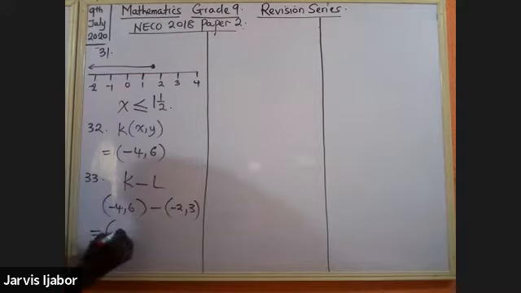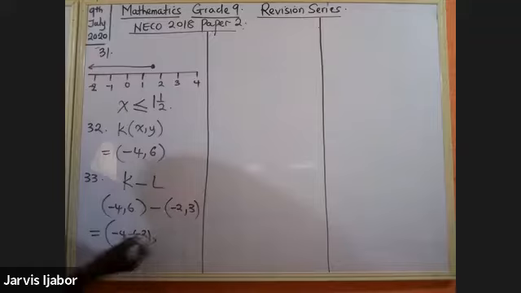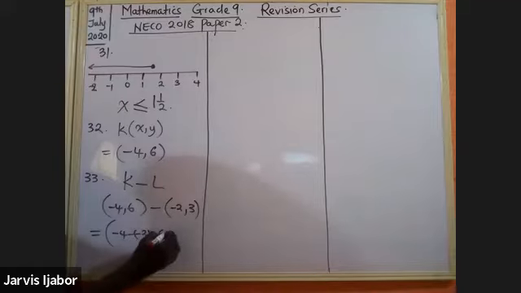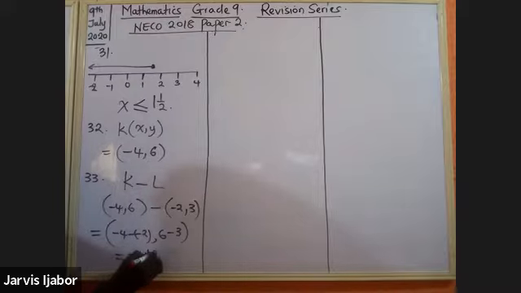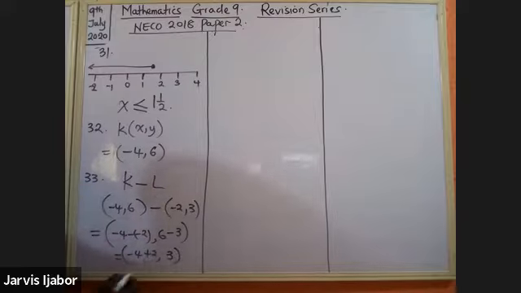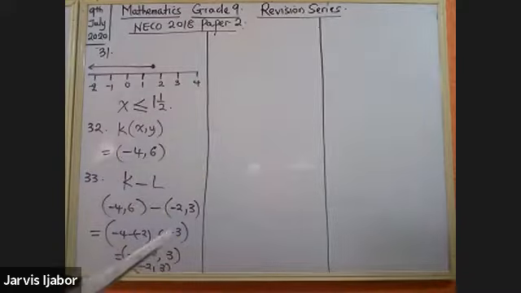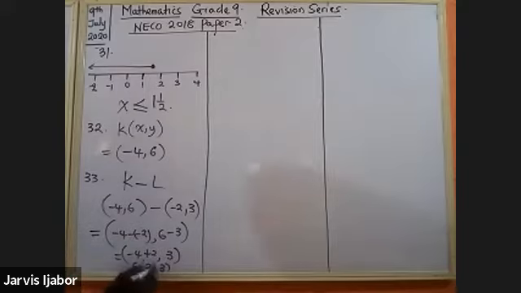That would be -4 minus -2, 6 minus 3. So your final answer will be -4 plus 2, and 6 minus 3, which is 3. And as such, your final answer becomes -2 and 3.